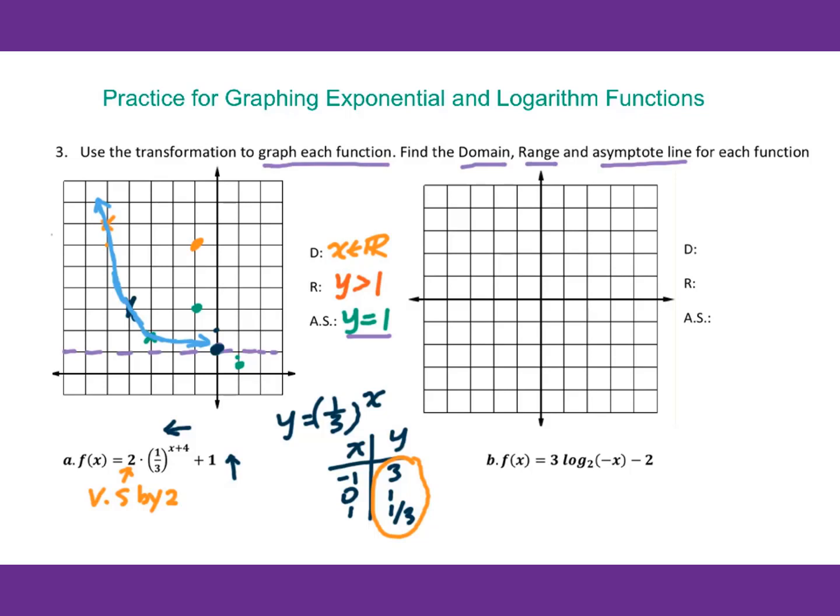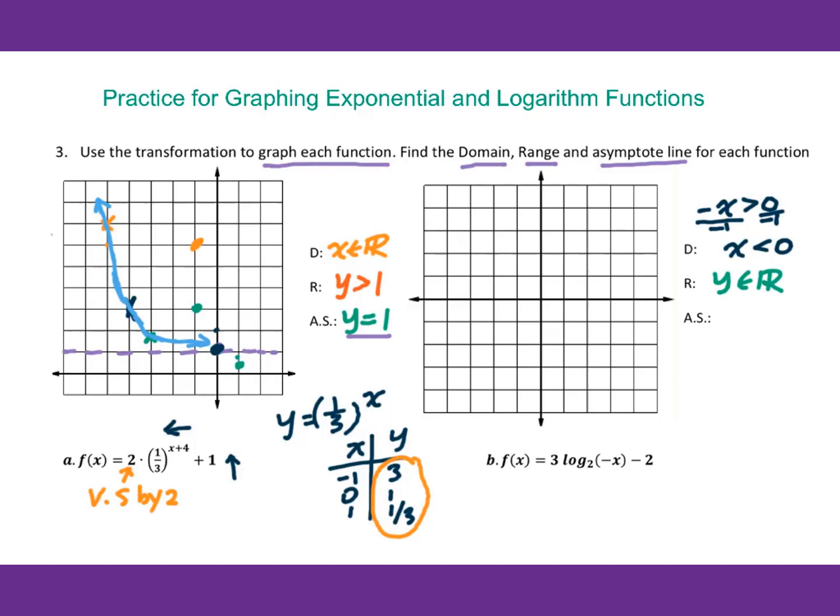For B, this is a logarithm function. Domain: you set up the argument, negative x greater than 0. Then you divide by negative 1 on both sides. You get x less than 0. For range, that will be all real numbers.